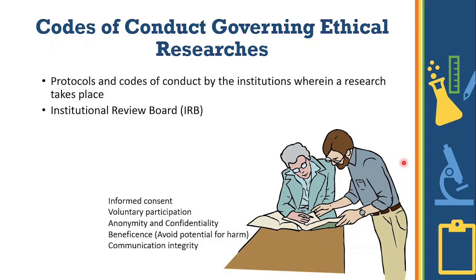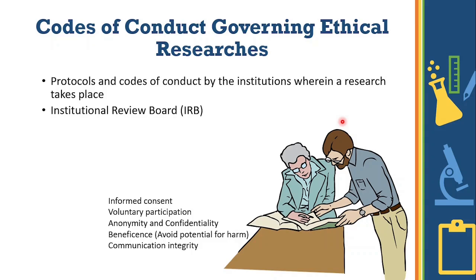So today, before a researcher starts to conduct a study or experiment that involves collecting data from humans or conducting experiments on humans, that researcher needs to submit a proposal to the institutional review board, which reviews and checks the research design, the ethics, and the codes of conduct that the research is regulated by, and makes sure that all those standards and ethical protocols and procedures are met before the IRB issues an approval for that research.